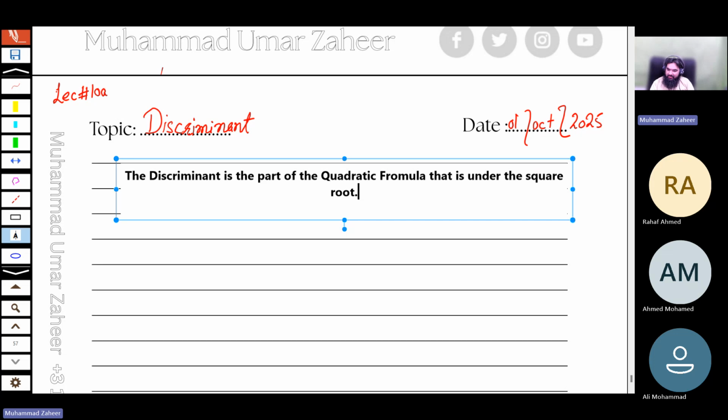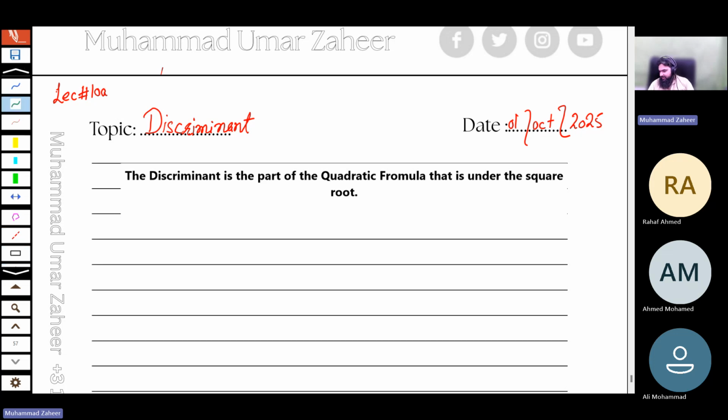So you know that the quadratic formula is x is equal to minus b plus minus square root b squared minus 4ac, divided by 2a. So the discriminant is the value that you are going to get inside the square root.